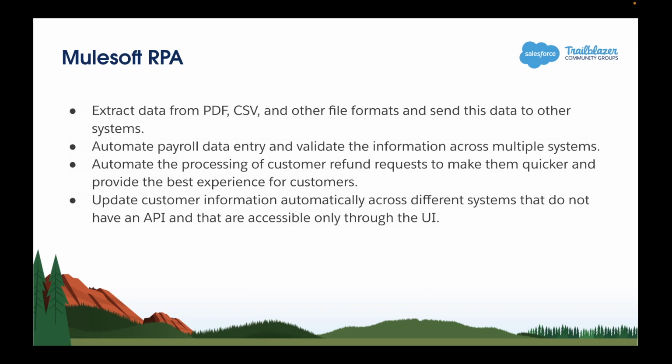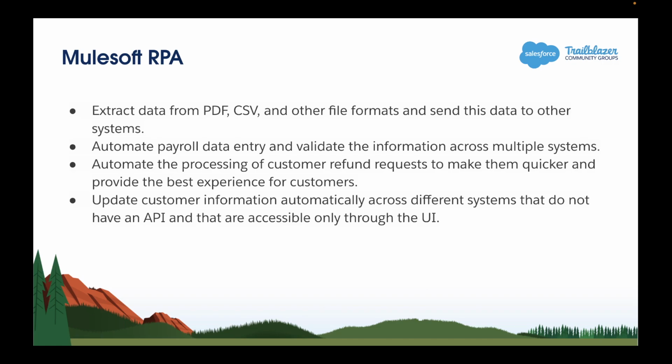It can recognize whatever data is written in your PDF files and send the data, so you don't have to manually read the entire thing and make decisions. RPA can read the data present in the PDF file or CSV or handwritten text and then process the data accordingly. Now automate payroll data entry and validate the information across multiple systems.